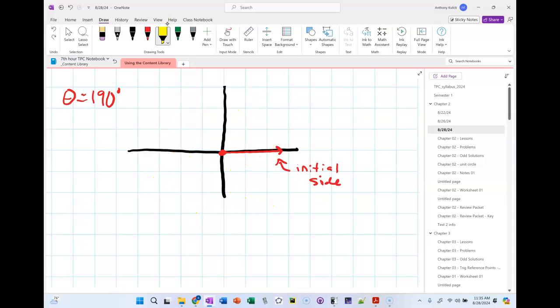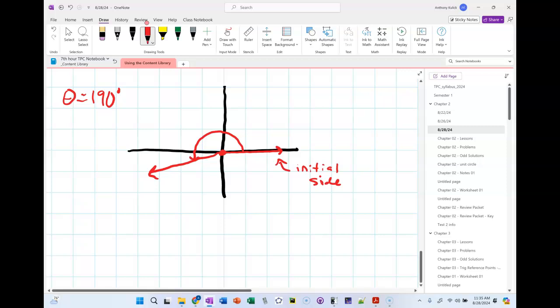So I'm going to rotate from that initial side counterclockwise and just count the degrees. So 90, 180, and then 10 more. I'll just eyeball it. And that's a 190 degree angle.